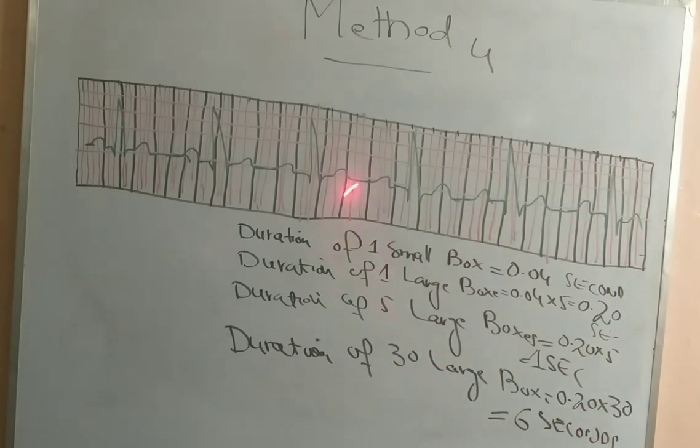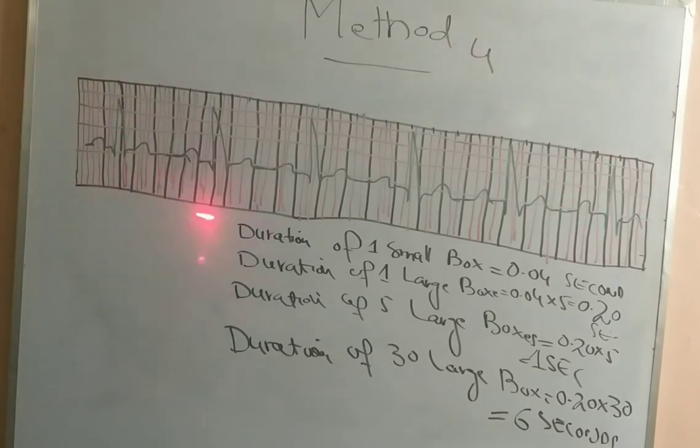First step is to identify a strip duration of 30 large boxes or 6 second duration. Then count the number of R waves in that strip. Let's count it. 1, 2, 3, 4, 5, 6. This 30 large box strip or a 6 second strip has got 6 R waves. Then we multiply this number of the R waves, which can be 6, which can be 8, which can be 2, which can be 11, with 10.